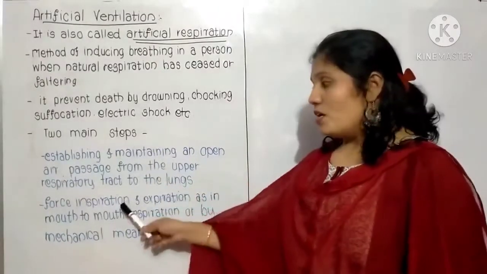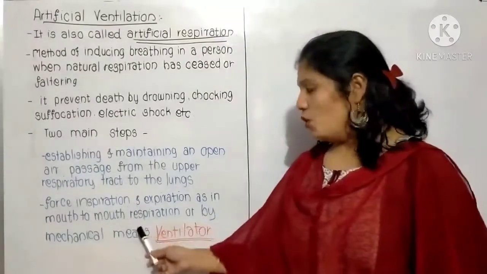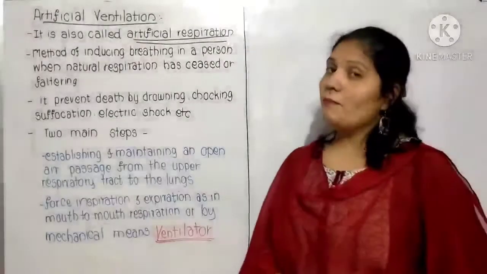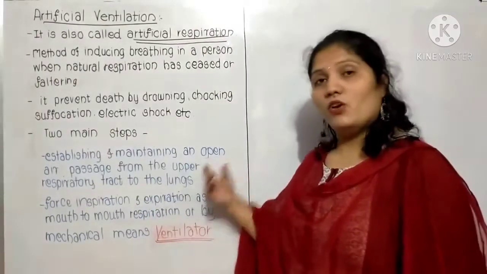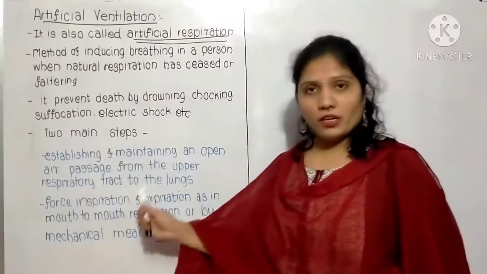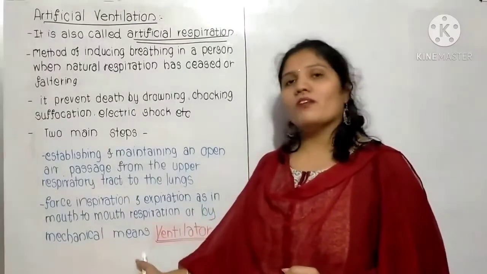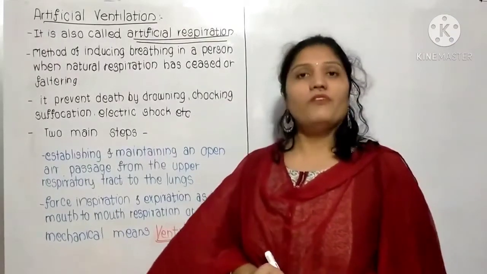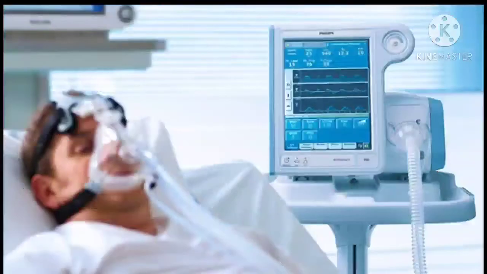So there is forced inspiration and expiration, as in mouth to mouth respiration, or by mechanical means. If that person cannot breathe properly, we can give mouth to mouth respiration, or we can use a machine, an artificial mechanical device, known as a ventilator.